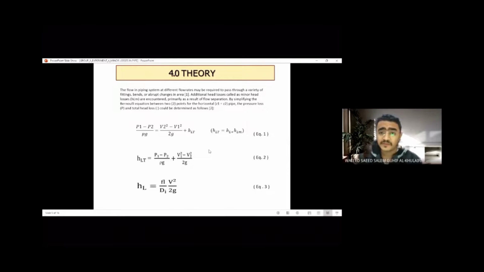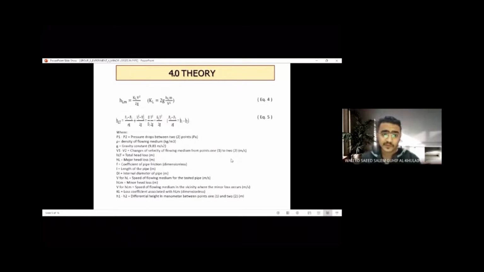By simplifying the Bernoulli equation between 2 points for horizontal pipes, Z1 equals Z2, the pressure loss and total head loss can be determined as follows, as you can see in equation 1. We derive these equations: equation 2, equation 3, 4, and the last one, 5.